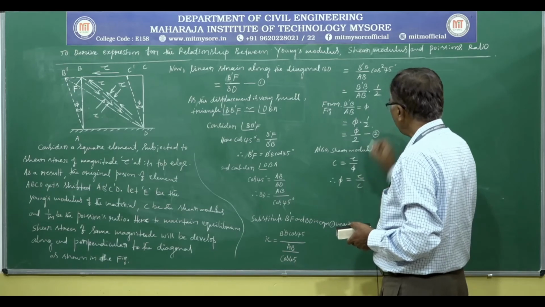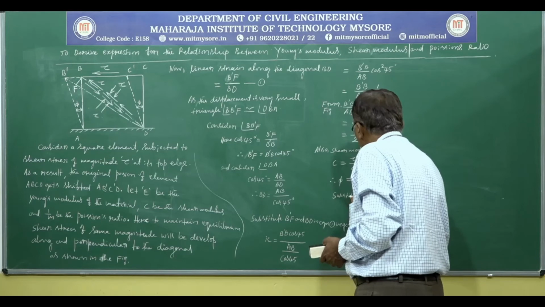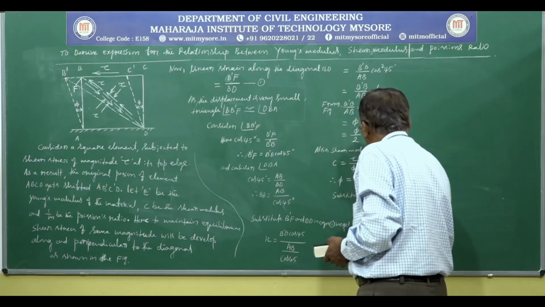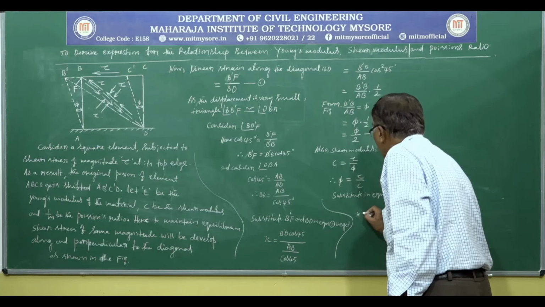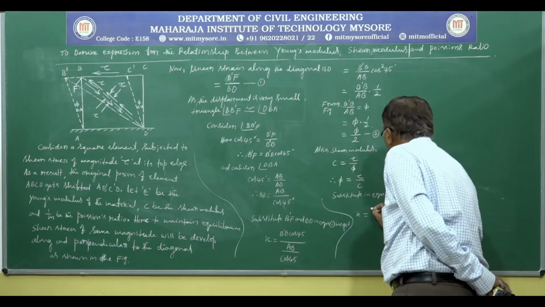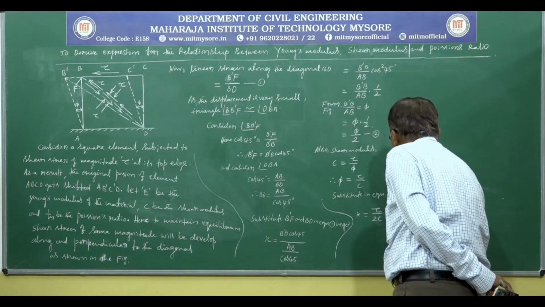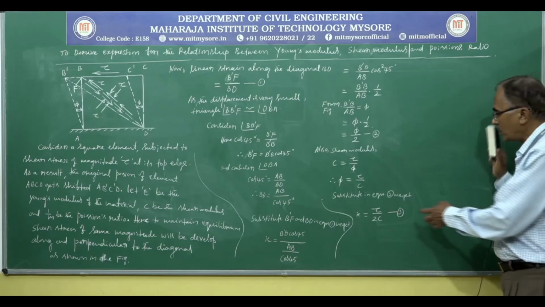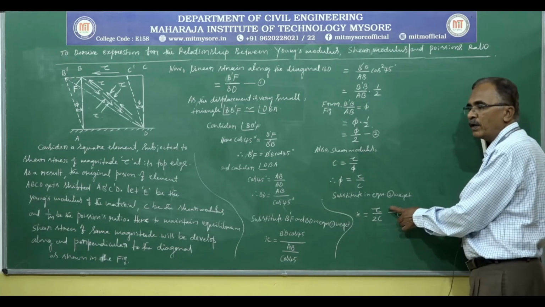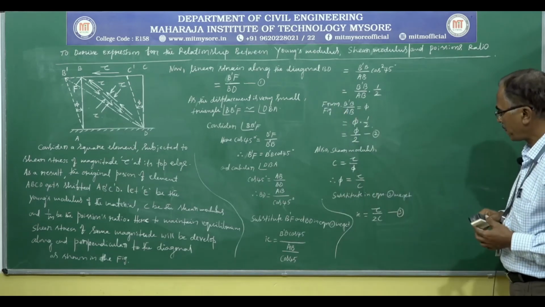If you substitute phi from equation 2, we get tau by 2C, call this equation 3. So tau by 2C is the relation for linear strain along diagonal BD.